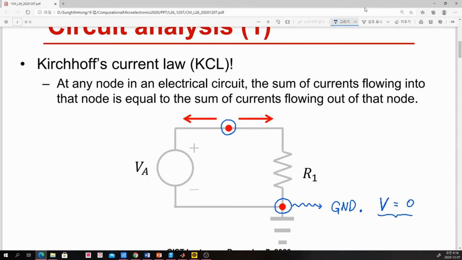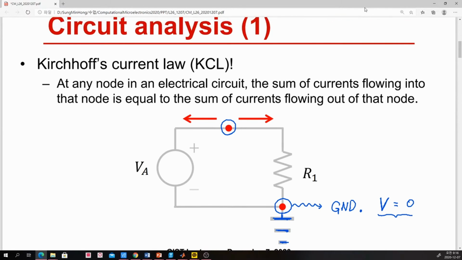It is actually the meaning of ground. This becomes the reference for our voltage. So without any hesitation, we can say that at the ground node the voltage equals 0. For the other node we have no such condition, so we have to apply Kirchhoff's current law.